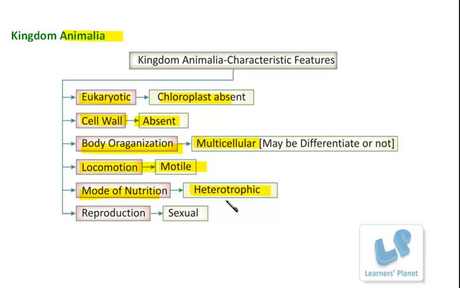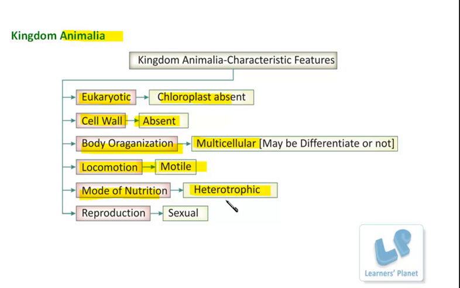Whatever the source may be, one thing has to be done. That means the food has to be obtained from outside and taken inside, right? And when it is taken inside, definitely there should be some process by which this absorbed food material can be digested.